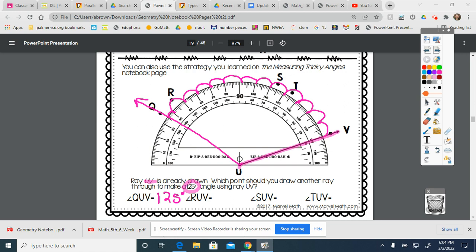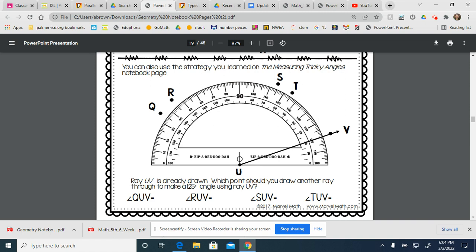Okay? So let's determine what the other rays here would be. Okay, so again, let's go ahead and label these across the top, and that'll help us figure out what these are. So here's 10, 20, 30, 40, 50, 60.